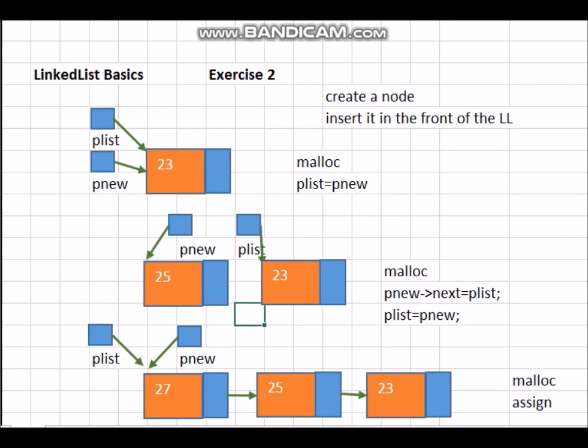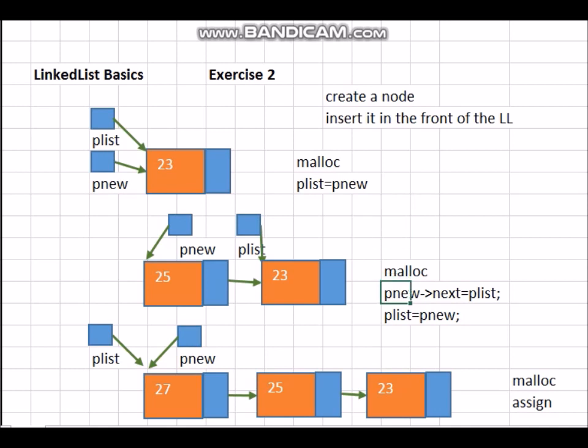Now if we want this link to be created, we need to assign a statement which says pnew's next is equal to plist. So what will happen? Pnew's next will point to plist. So let's do that. So we will have pnew's next pointing to plist.